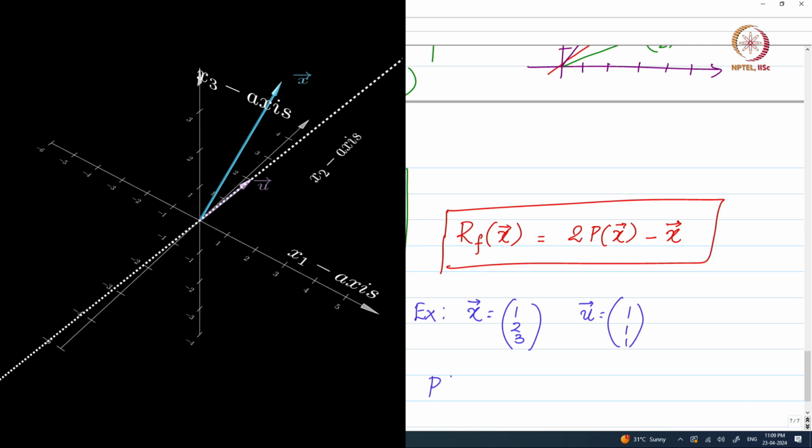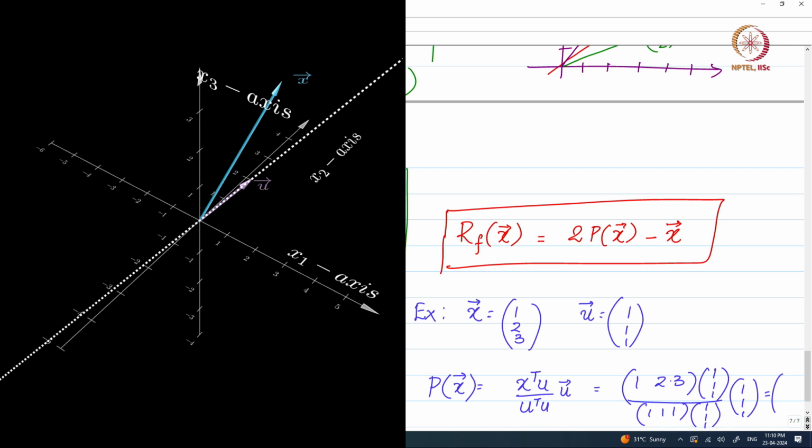P of x is nothing but x transpose u divided by u transpose u in the direction of u. So, I get (1, 2, 3) dot (1, 1, 1) divided by (1, 1, 1) dot (1, 1, 1), in the direction of (1, 1, 1), which is 1 plus 2, 3, plus 3, 6, and 6 by 3 is 2. So, I get (2, 2, 2).